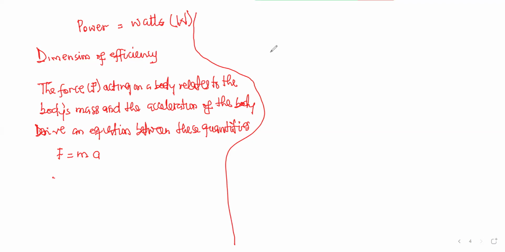Before we address this, let me explain. If a body is moving in a straight line on the road and you want to calculate the force which is moving the body, it is the product of the body's mass and the rate of change of speed with respect to time, that is acceleration A. This A is termed linear acceleration, the rate at which the body's speed or velocity changes with time, which we spoke about.